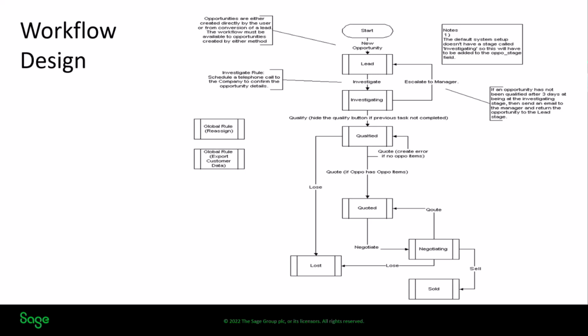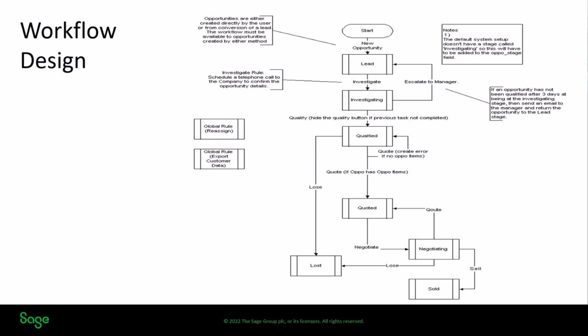Now, the things that govern from state to state to state, and in this case, in the diagram, the states are the lead, investigating, qualified, quoted. The things that govern that are called the rules, and the rules are how we move across.